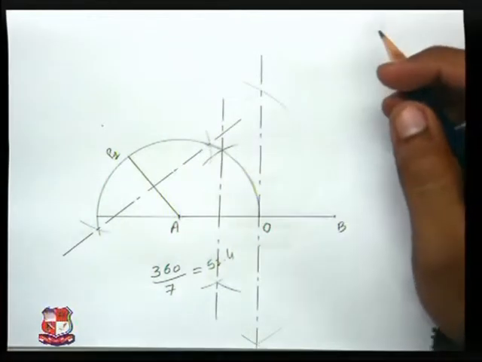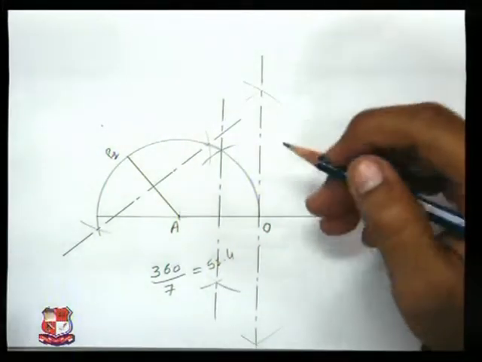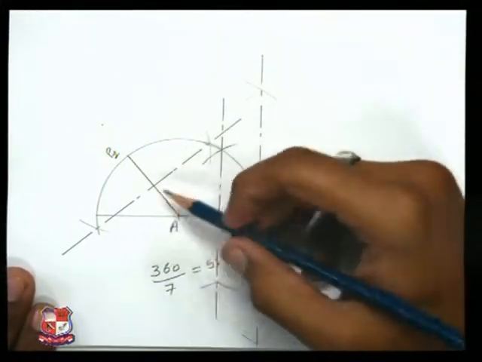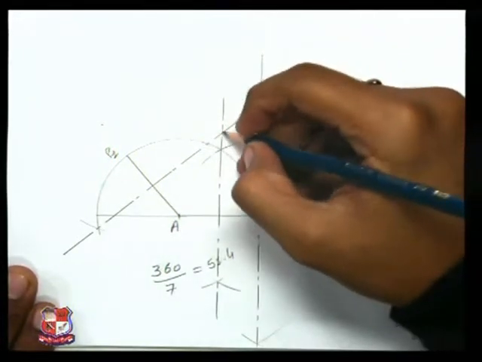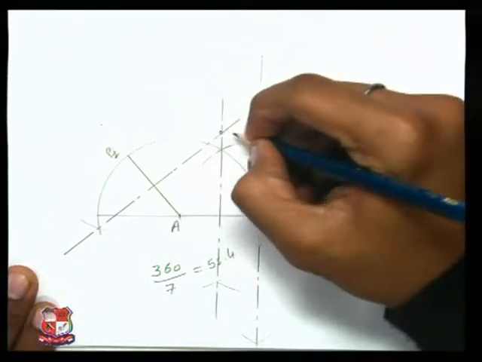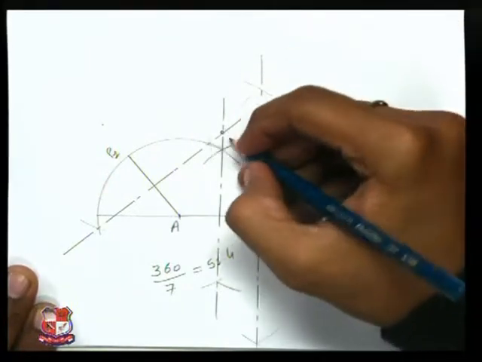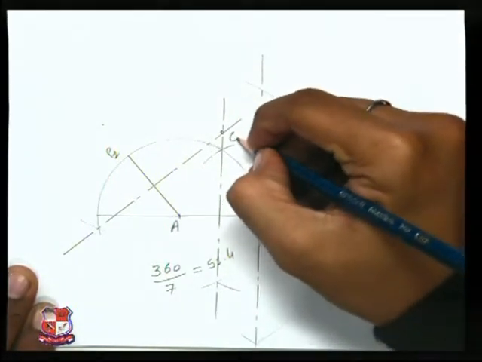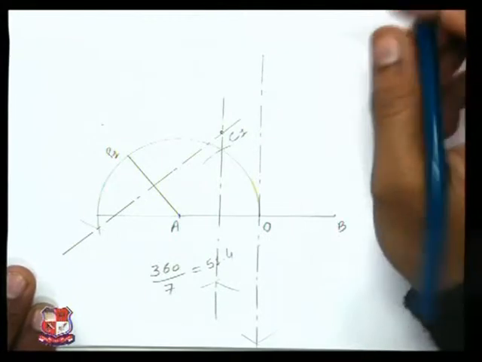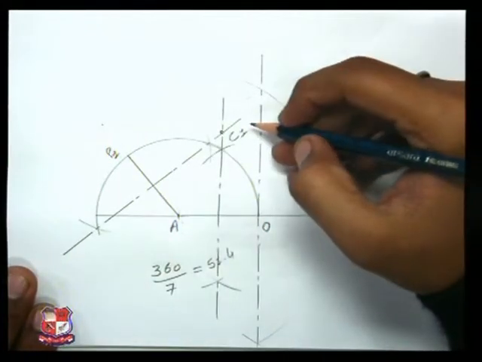Join the bisector line as a center line. Now where these both bisector lines intersect, we have got one point named C1, which means it is our center.